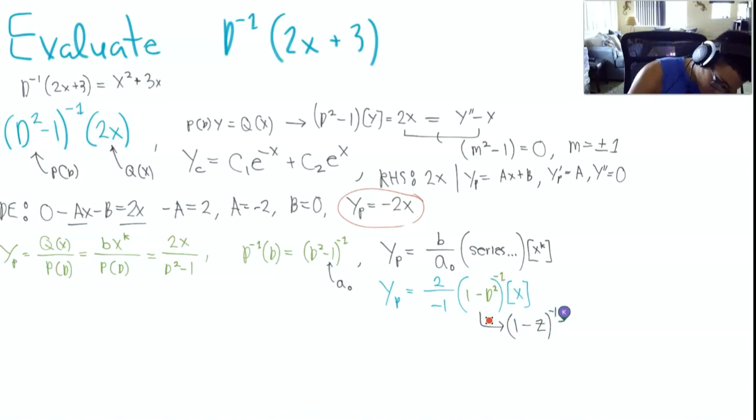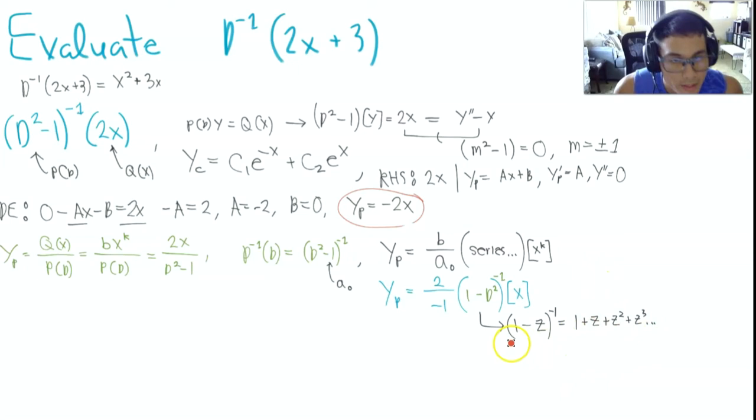this. And then we know what this is equal to. This is 1 plus Z plus Z squared plus Z cubed dot dot dot. Goes on forever, right? So yes, what we're doing is we factored out AO. When I mean factored out, we just needed to turn this into a positive 1.